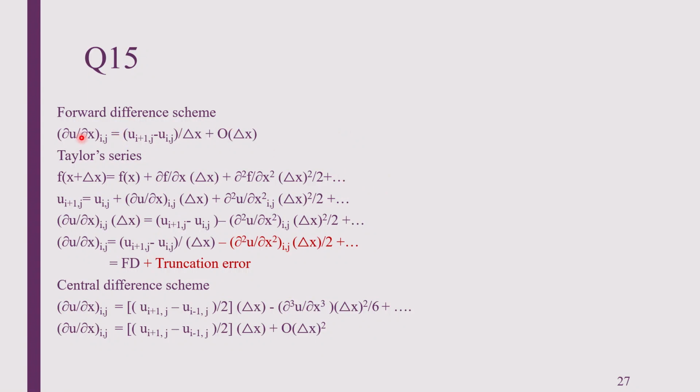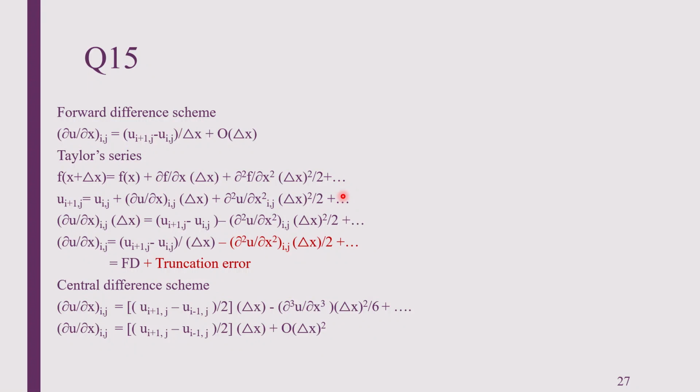And similarly, instead of f of x plus delta x, we have u(i+1, j), that is, we need to know the value of velocity u at the (i+1)th point. So by Taylor series, how can we write that? u(i+1, j) is equal to u(i, j) plus ∂u/∂x at (i, j) into delta x plus ∂²u/∂x² at (i, j) into delta x squared by 2, and so on.